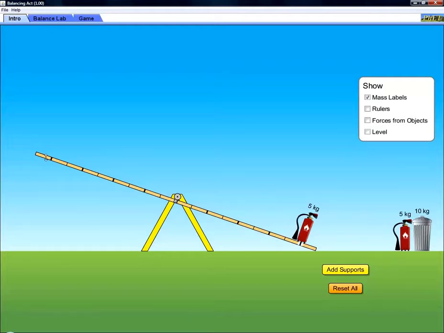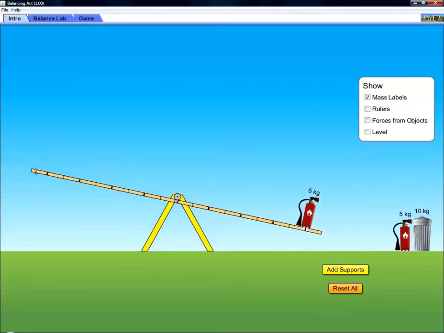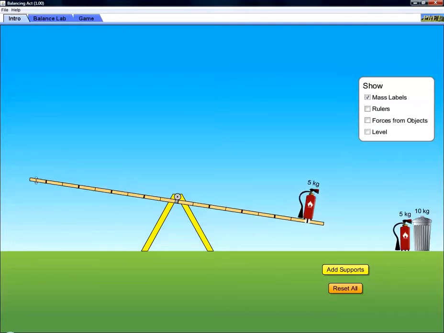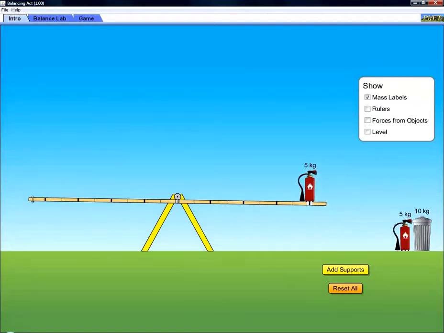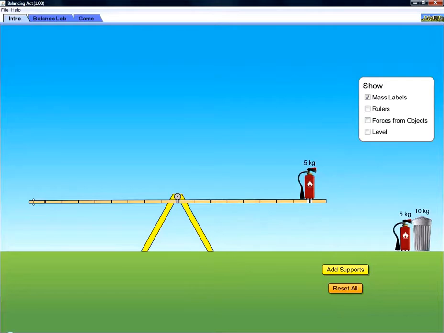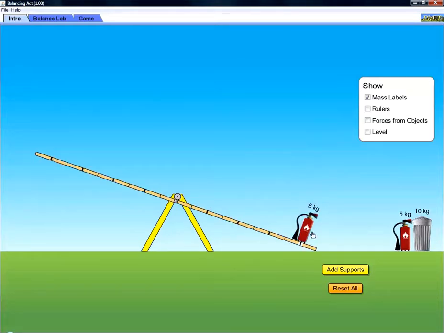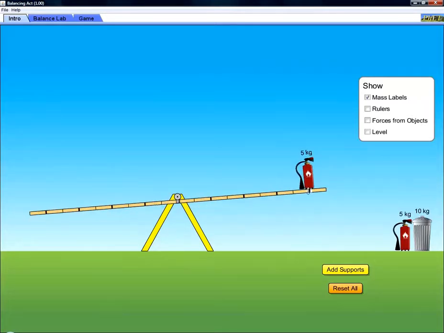Now, if you want to get this child in the air, if you grasp the other end of the seesaw and pull down, assuming the seesaw doesn't break, you've applied a force and you've applied a moment in the opposite direction. So the fat child fire extinguisher is applying a moment in this direction. That moment is in the clockwise direction.